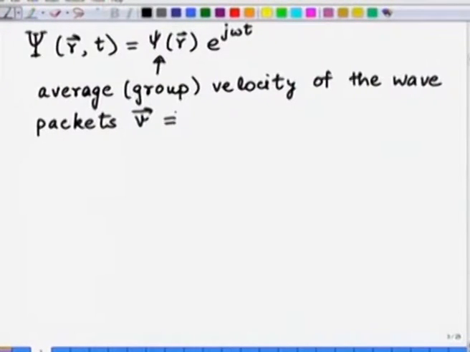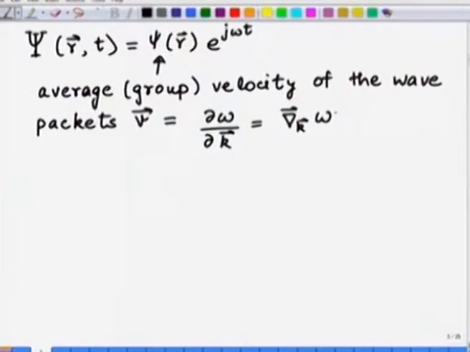That velocity is simply given by the dispersion relationship, that is del omega by del k vector, which succinctly in another form can be written as the gradient with respect to k of omega.